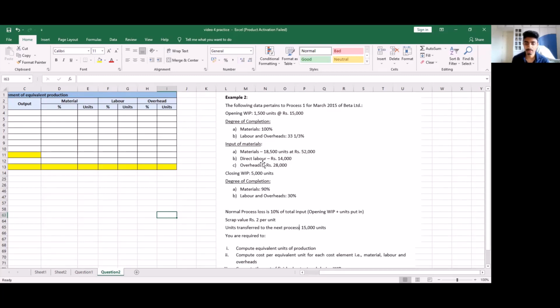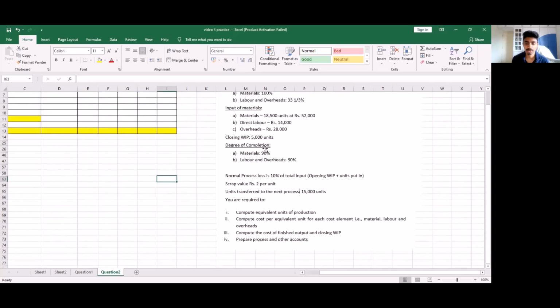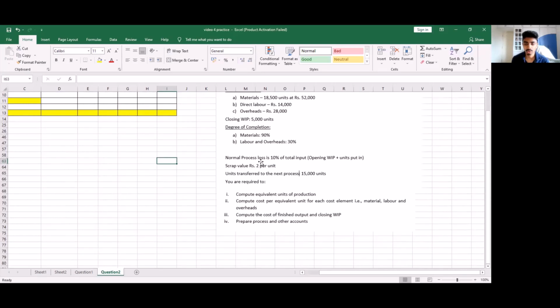Cost of direct labor and overheads has also been given to us. We have a closing work in progress of 5,000 units. Degree of completion of closing work in progress is given to us. Normal loss or normal process loss is 10% of total input, which is opening work in progress plus units introduced. Scrap value is rupees 2 per unit. Units transferred to the next process is 15,000 units.